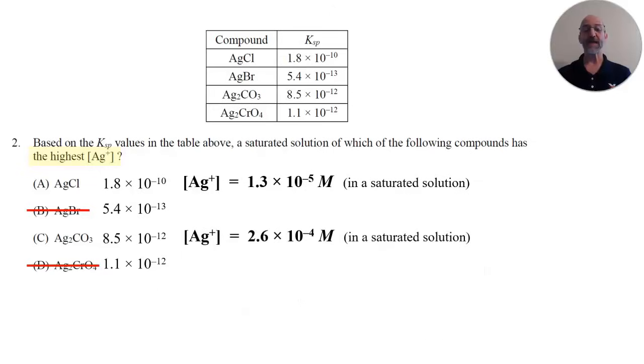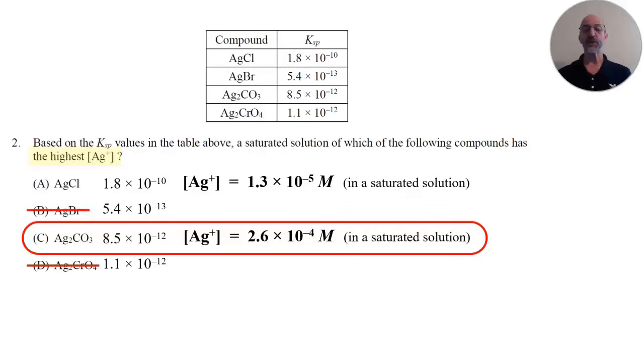Now, go ahead and take a look at the correct answer to question 2. Which of these 4 compounds has the highest concentration of silver? And the answer is C. That's because 2.6 times 10 to the negative 4 moles per liter is larger than 1.3 times 10 to the negative 5. Had you just been looking at the KSP values, you would have actually selected choice A, and that would have been incorrect.